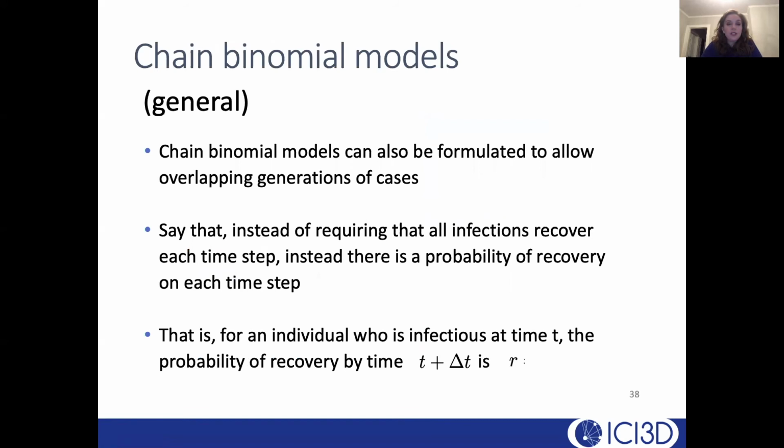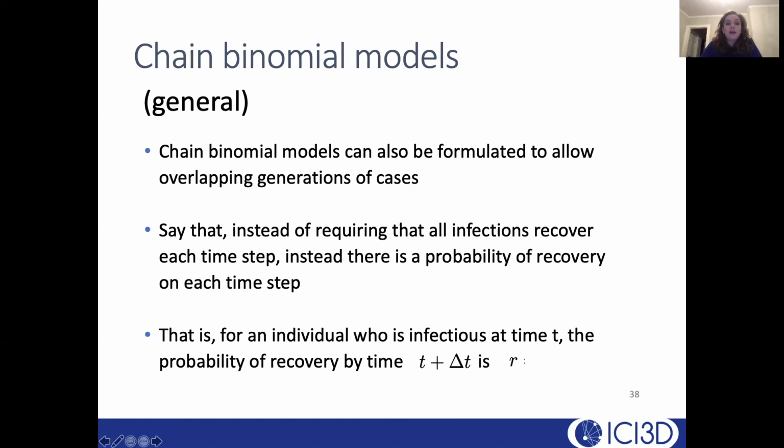So in general, for chain binomial models, we can formulate these models to have overlapping generations of cases. So instead of having all infectious individuals recover each time step, we can introduce a probability of recovery at each time step.